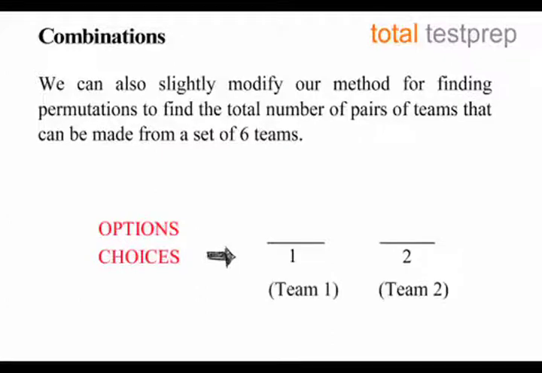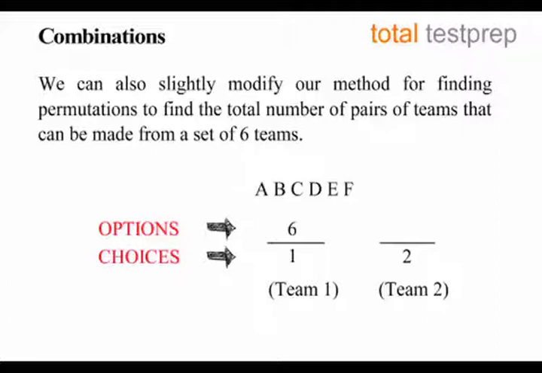And then, if you remember, there's 6 possible teams. So if you're picking what the first team is to play and then the second team, you have 6 possible options for team 1. Any of the teams could be that first team playing. You could think of it as home team versus away team. So if you're saying, okay, how many games are possible? There's 6 teams, any of them can be the home team.